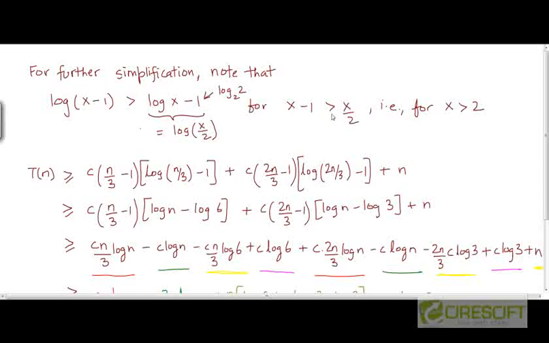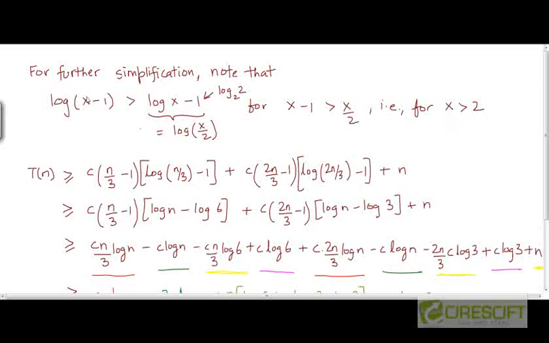So when is x minus 1 greater than x by 2? Well, we can bring x by 2 on the left hand side. We'll get x minus x by 2 is greater than 1. That is, x by 2 needs to be greater than 1, or x needs to be greater than 2.